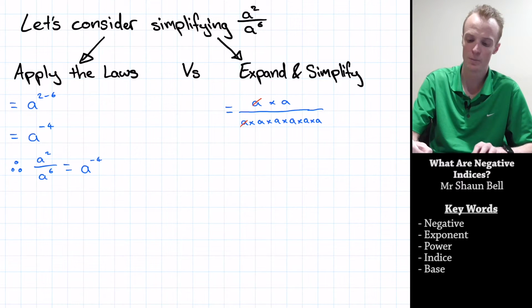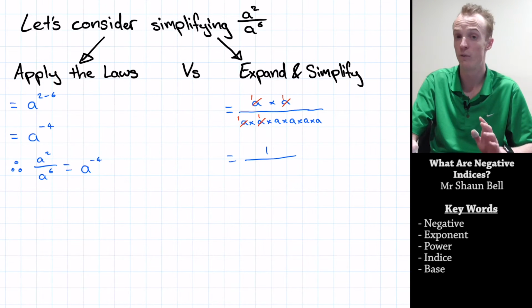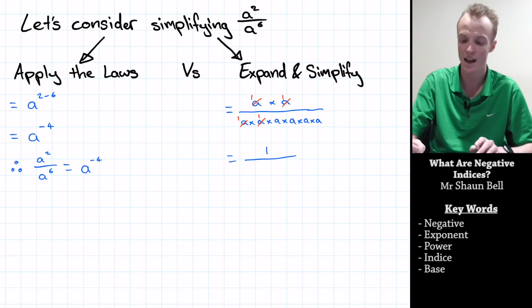We cancel this with this and it both equals 1. We cancel this with this and it both equals 1. So on the top line we've got 1 times 1, which is equal to 1. All over on the bottom line, 1 times 1, which is 1, times a, which is a. Then a times itself 4 times, which is a to the fourth power.